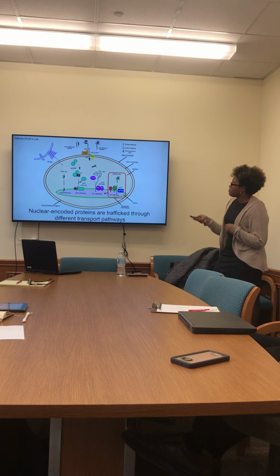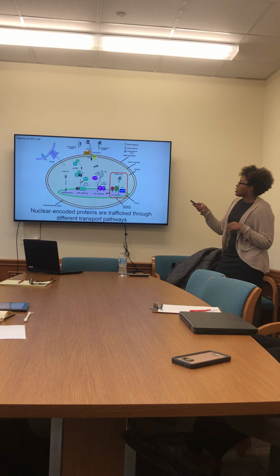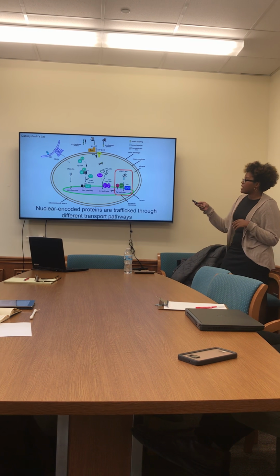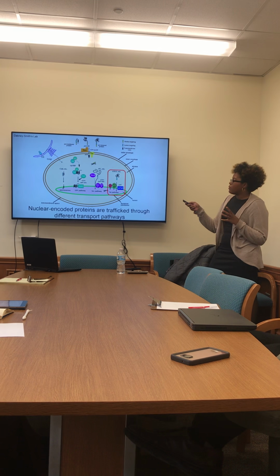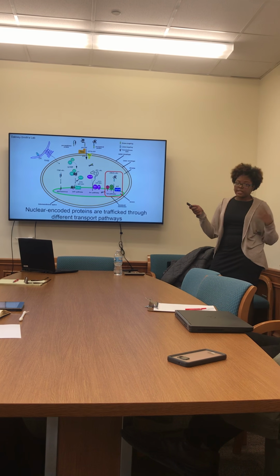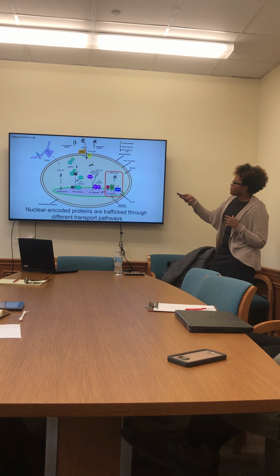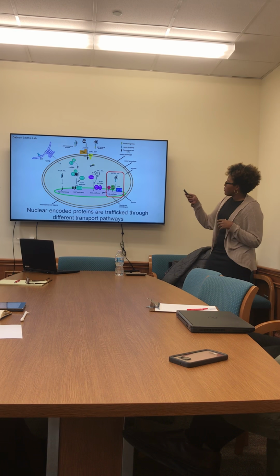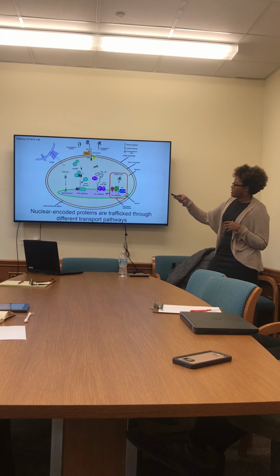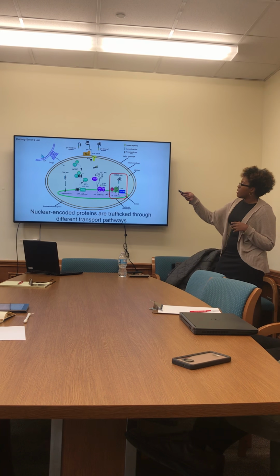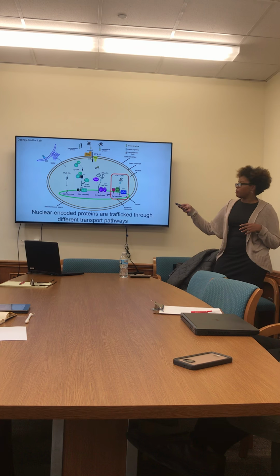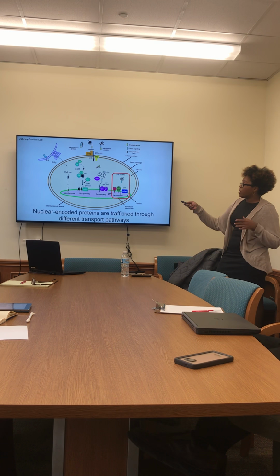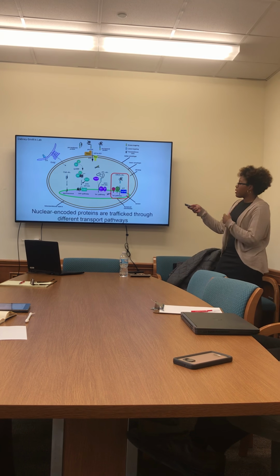Okay, so now we're just going to go over some of the transporters. On the outer and inner envelope, we have TOC and TIC. It's very interesting. They're located on different membranes, but they work in tandem to transport unfolded proteins into the stroma. And right here, it's kind of hard to see, where my green light is, there are these little scissors. That's an enzyme, and it cleaves off the transit peptide once it reaches the stroma. If it's supposed to be trafficked to the stroma, then there won't be another signal, and it'll be properly sorted.